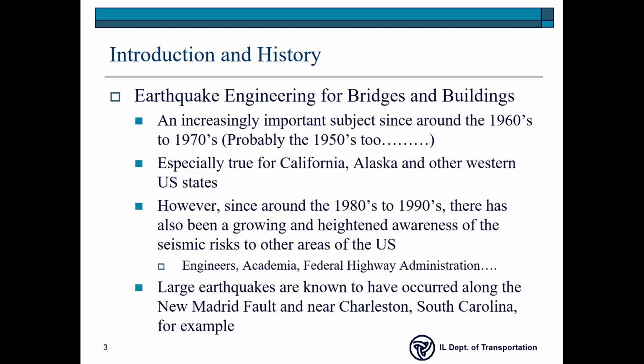It coincides with civil engineering and structural engineering in particular getting more sophisticated over the years, beginning in the early 1900s, when codes, building codes and things like that, were starting to get developed. Our science was much better and our engineering got much better. It took until the 40s and 50s for us to really start paying attention and learn how to design structures for earthquakes.